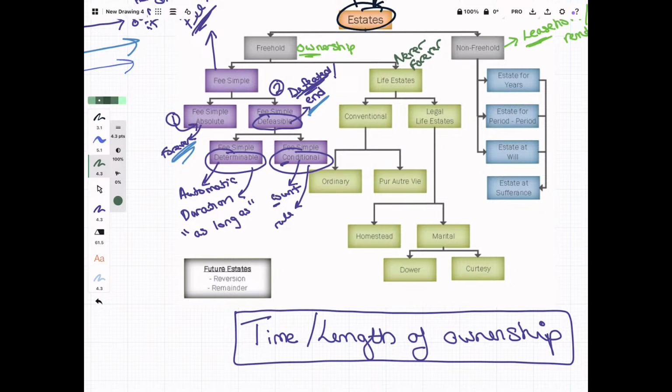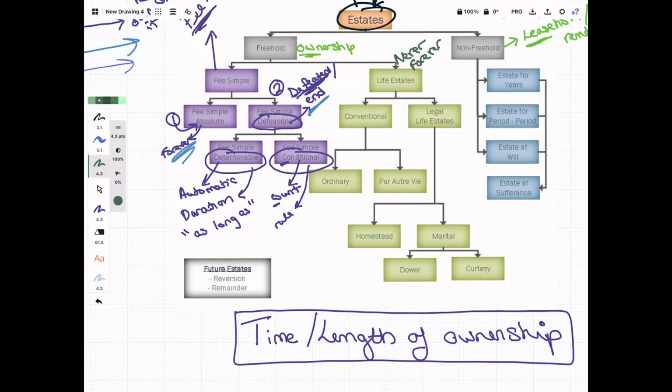But Diana, if I give you a life estate, you were never going to own it forever because your ownership is determined by somebody's life. There was always a countdown to your ownership. Never, ever was I planning for you to have this property forever.